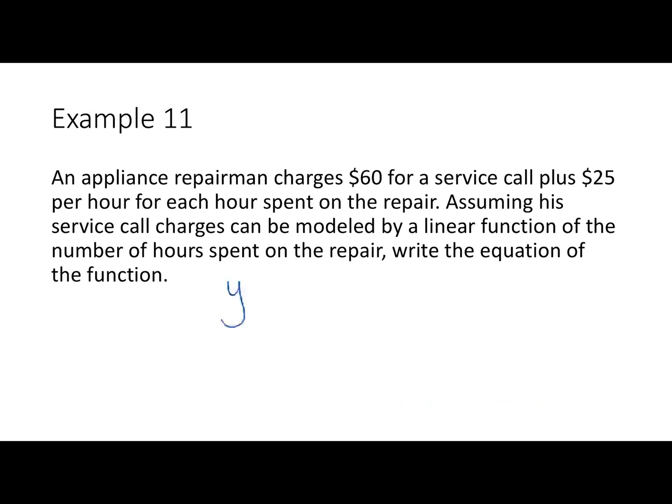So we'll let y equal the balance for the repairman service. He said he's going to charge you $60 just for showing up, plus $25 for every hour he has to be there.